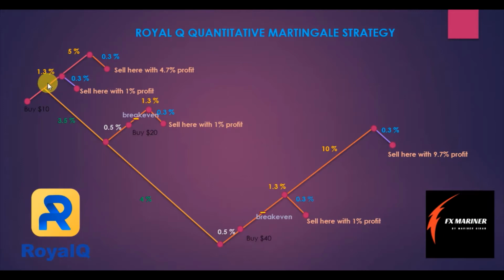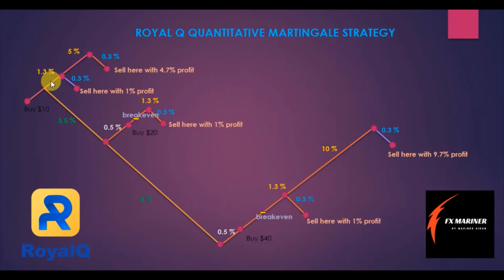In this case, if it touches 1.3 and the market turns down 0.3%, it will close with 1% profit, because here it is 1.3%, and the bot will wait for another 0.3% drop, then only it will close at 1% profit. In case the price moves upwards, it still trails your profit upwards until it drops back 0.3, and then only it will close.